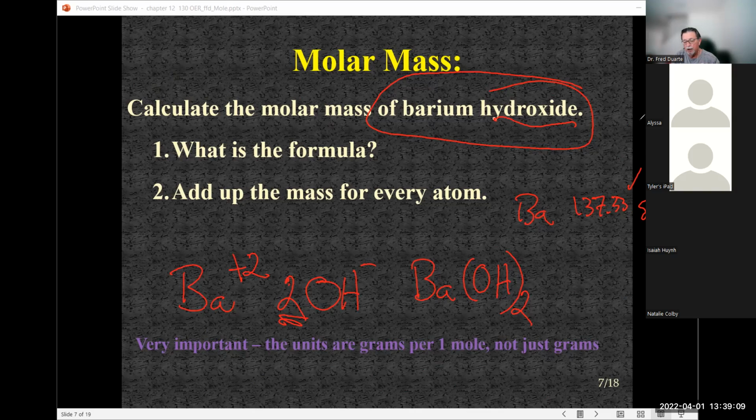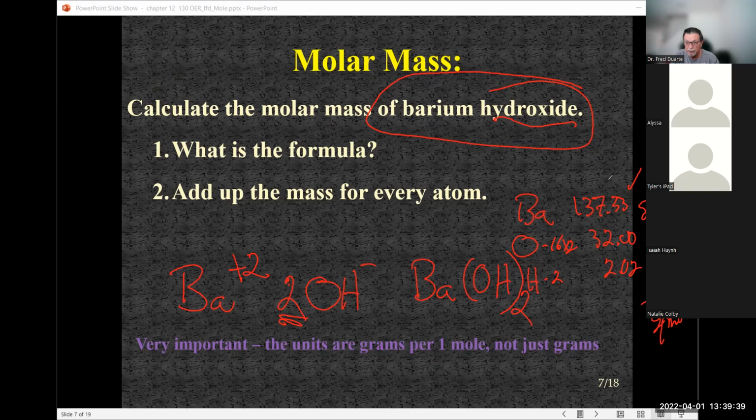All right, so oxygen is 16, right? And there's 2 of them, so we got 32.00 grams per mole. And then we have hydrogen, there's 2 of them, so that's 2.02 grams per mole. Notice the units, grams per mole, carry through, those are our total units, all right?